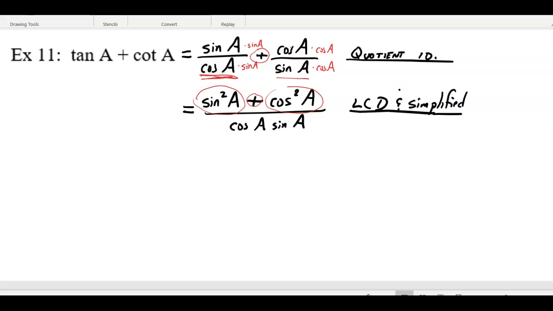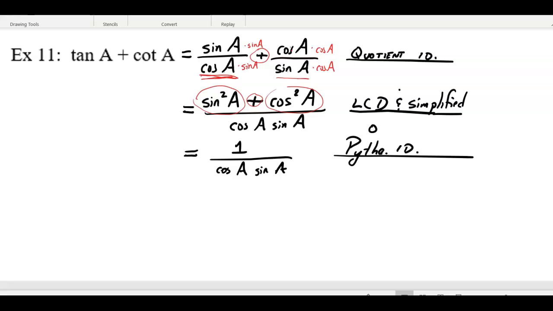Okay, once again, very little trigonometry. Most of what we're doing is the algebra. Okay, so now sine squared of A plus cosine squared of A is the OG Pythagorean identity. So that's the Pythagorean identity, and that's the OG.